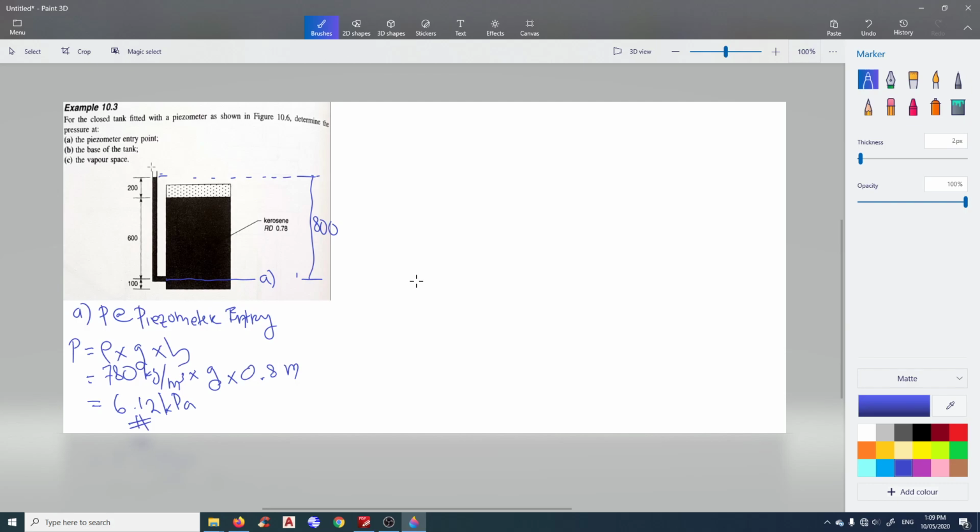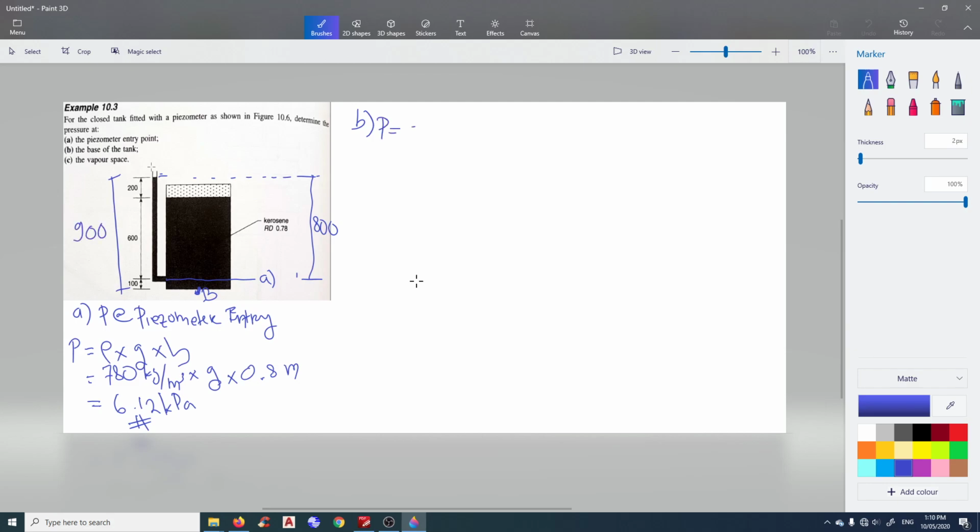Question B. What about the pressure at the bottom of the tank here? So that's the bottom of the tank. Well, the bottom of the tank is 800 plus 100. So the h will be from here to here, which is 900.